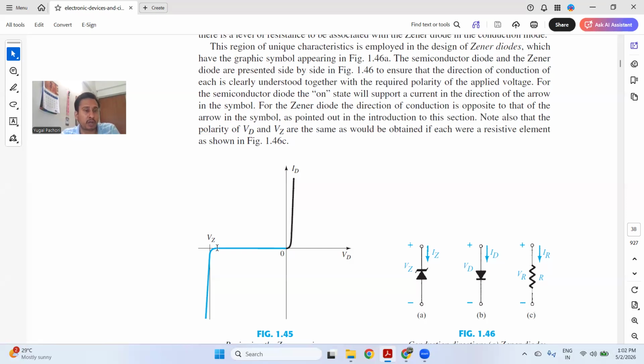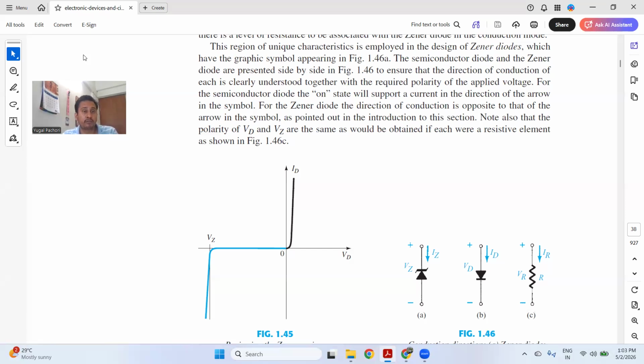Suppose the Zener diode is manufactured with its Zener voltage set to 6 volts, then it will constantly supply 6 volts to the appliances for power. So it is acting as a voltage regulator, which can be understood from the characteristics. Initially I told you the three points: it works in reverse bias, it is heavily doped to set the Zener voltage, and it works as a voltage regulator.